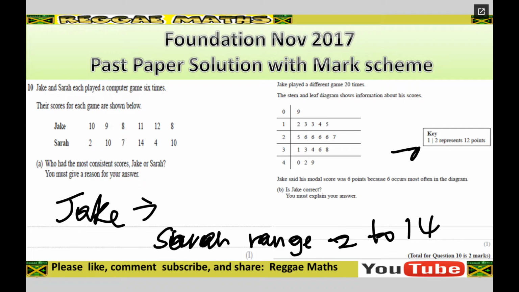So by saying 6, he's just using the leaf. So the answer should have been 26. Because that shows that you're including the stem. So is Jake correct? Jake is not correct, right? The answer should have been 26.